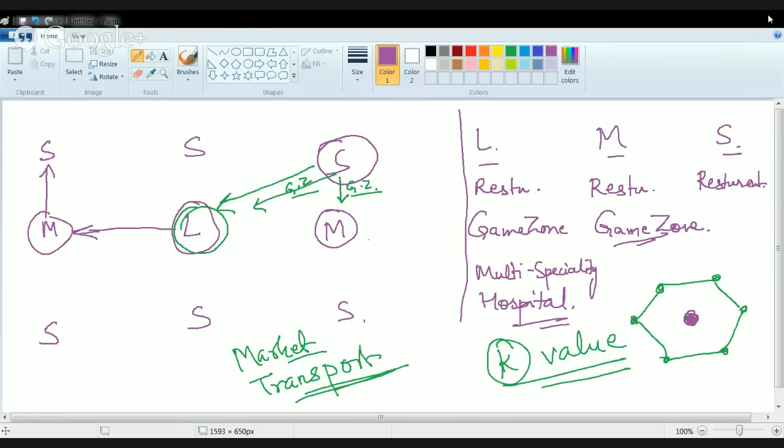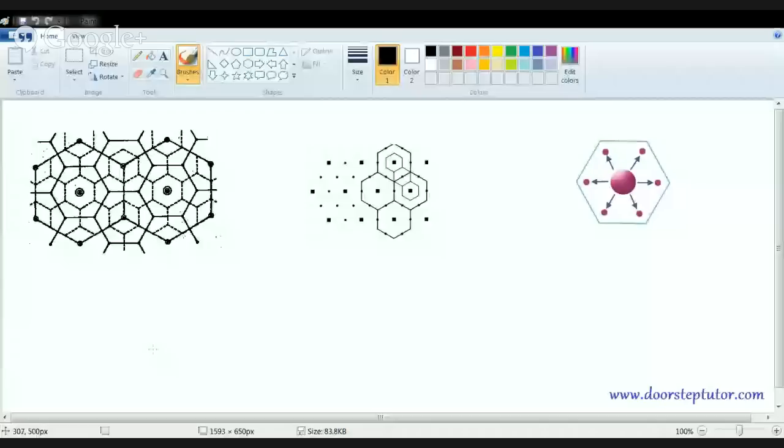So now let's move on to what is the K value for marketing, transport and administration and how we try to calculate it. So let's assume the first diagram here. In the first diagram, Christaller explains a K value for market.